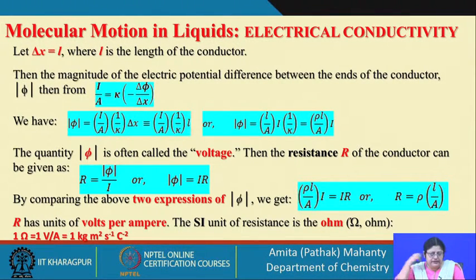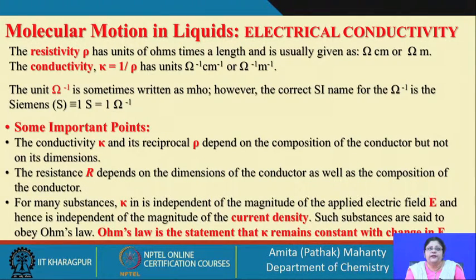R is the resistance, and the unit for R is volts per ampere, or you can say it is ohms. 1 ohm is equal to 1 volt per ampere, equal to 1 kg meter square per second inverse per coulomb square. So this is how we define that.